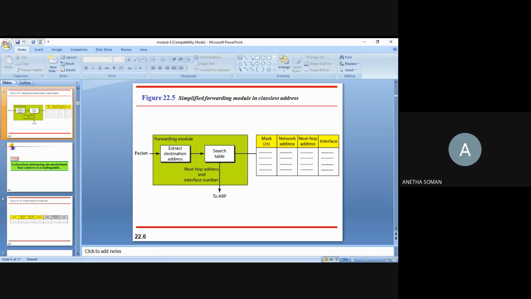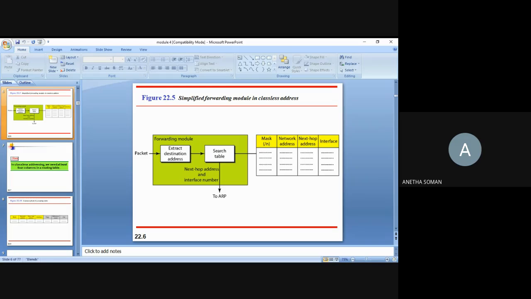In the routing table you should have some information, the destination where the packet has to be delivered. But the destination address is not giving information about the network address. So in order to obtain the network address, the mask is required. So that is included in the routing table.